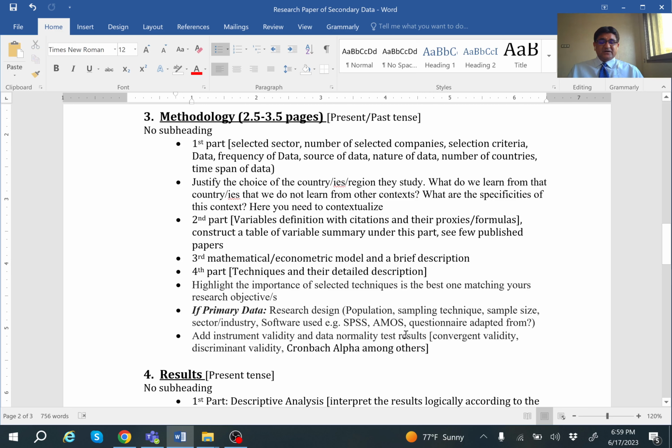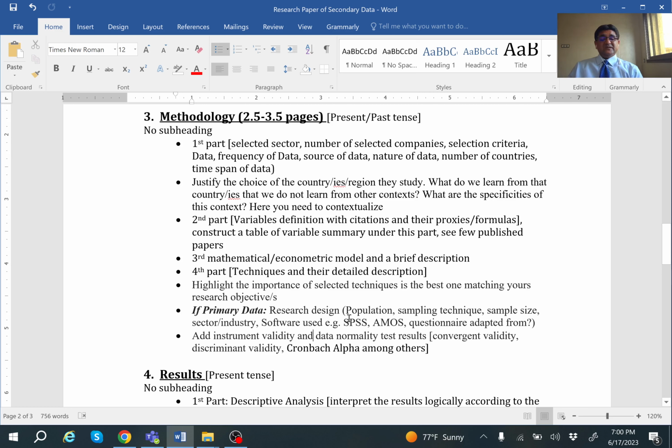Then they have discussed the questionnaire, which is a highly important part of their research. The questionnaire is the instrument which is used to measure the variables which they are going to investigate, and how their measure is valid. Either they have adopted from different studies, or adapted, or the questions were developed by themselves.